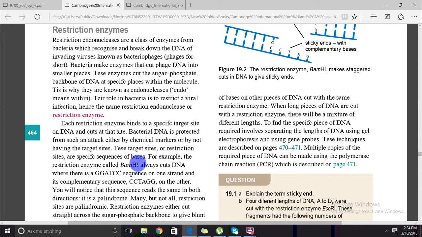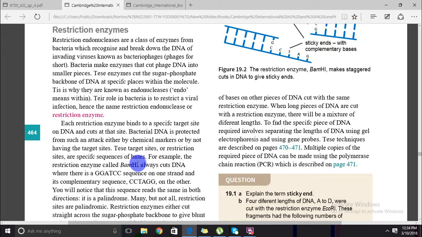So let me read this again. When long pieces of DNA are cut with a restriction enzyme, there will be a mixture of different lengths. And to find the specific piece of DNA or the specific DNA fragment, you need to be able to separate the lengths of DNA using gel electrophoresis and using gene probes, and this will be described in detail later.